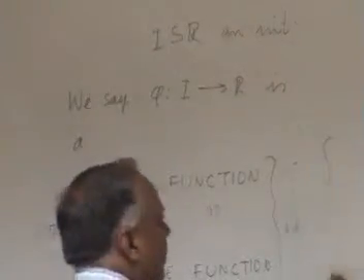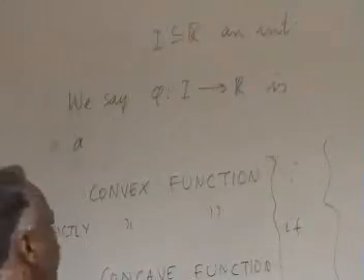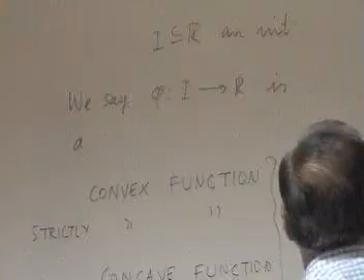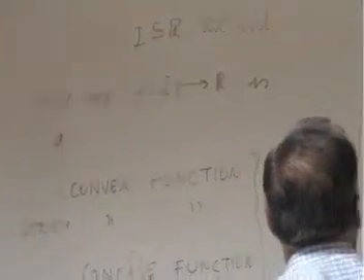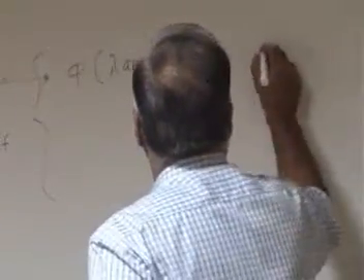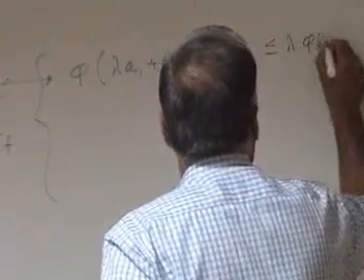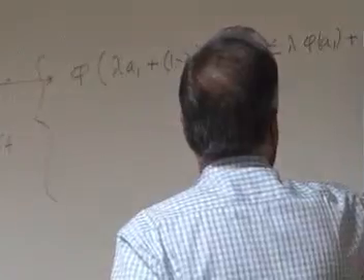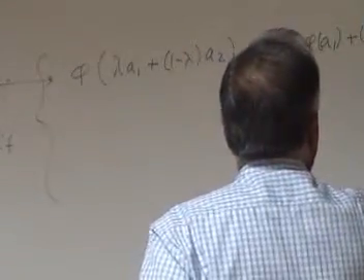If phi is a convex function, if phi of lambda a1 plus 1 minus lambda a2 is less than or equal to lambda phi a1 plus 1 minus lambda phi a2.